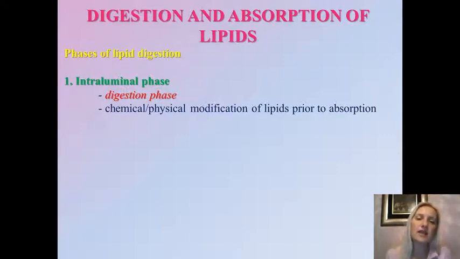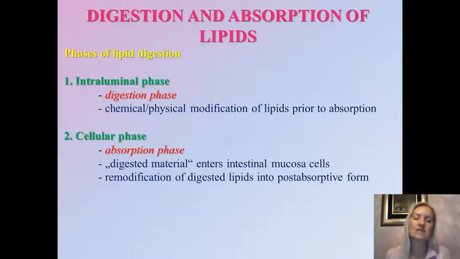The next phase is the cellular phase, which is nothing else but the absorption phase, which means that those modified molecules, or let's say digested material, now enter the intestinal mucosa cells, the enterocytes, and we're going to see which mechanisms are involved.